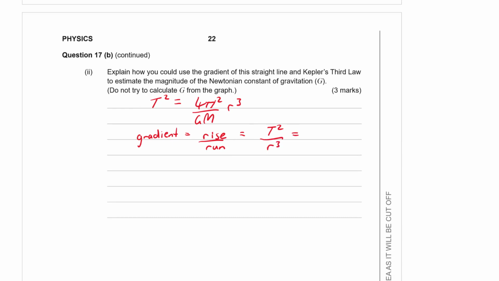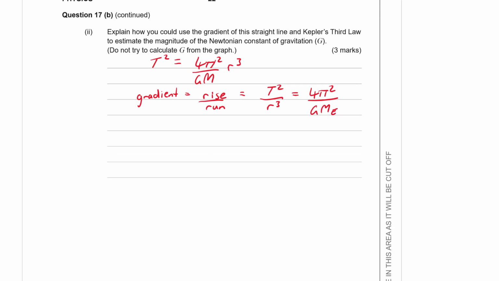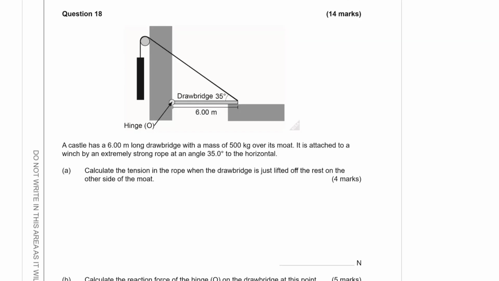If you go back to that equation, that's equal to 4 pi squared over G, mass of the Earth. We'll then need to point out that since the mass of the Earth is a constant, we can rearrange it and say that G is going to be equal to 4 pi squared over the gradient multiplied by the mass of the Earth. And there we go.